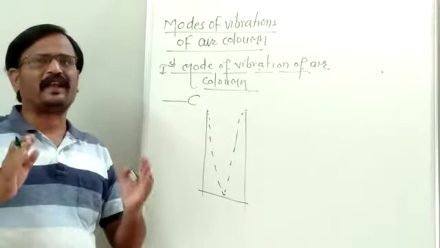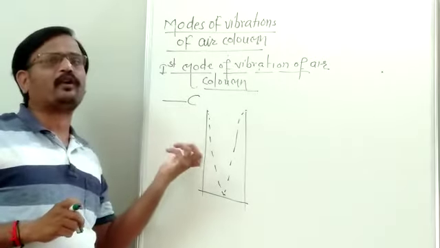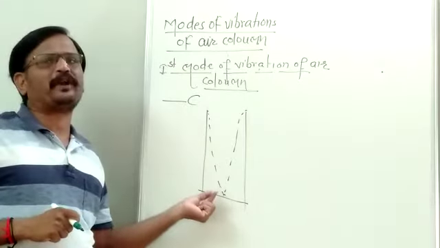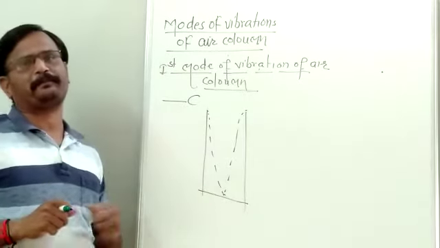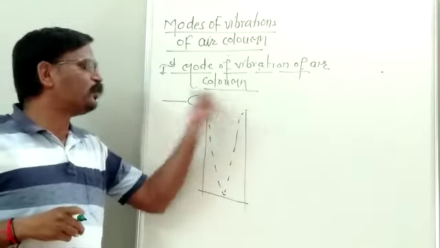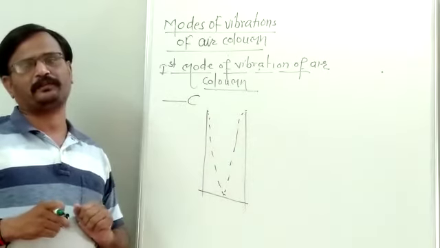When a compression enters inside the air column, it gets reflected as a compression at the closed end of the pipe, and the reflected compression, when it reaches the open end of the pipe, gets reflected as a rarefaction.